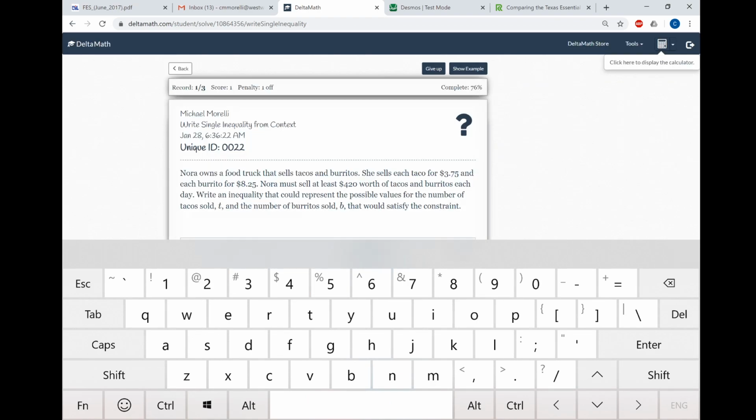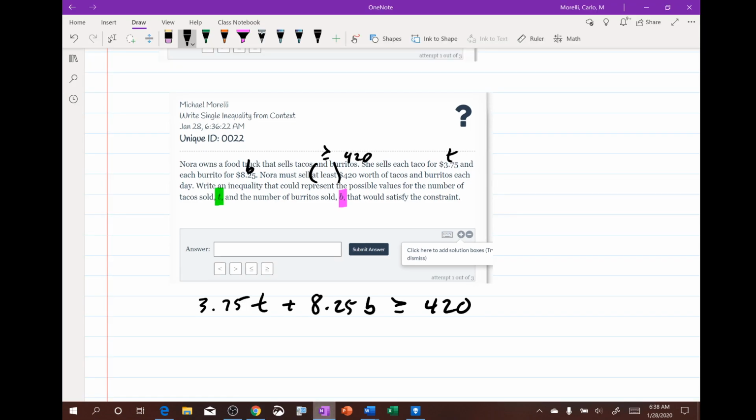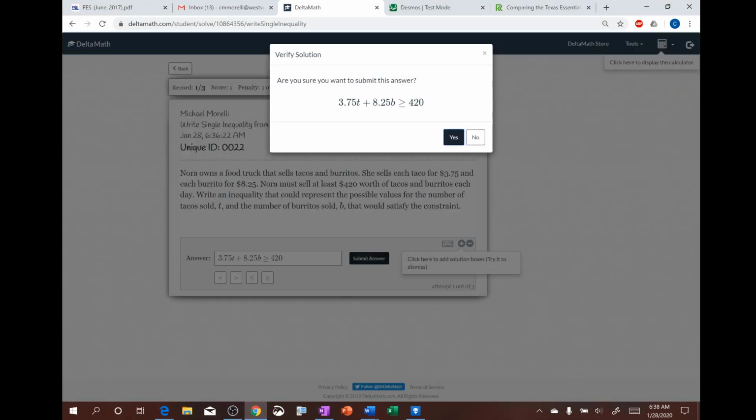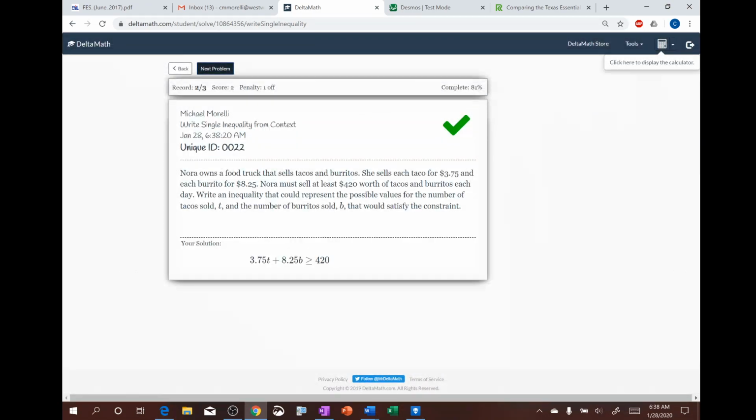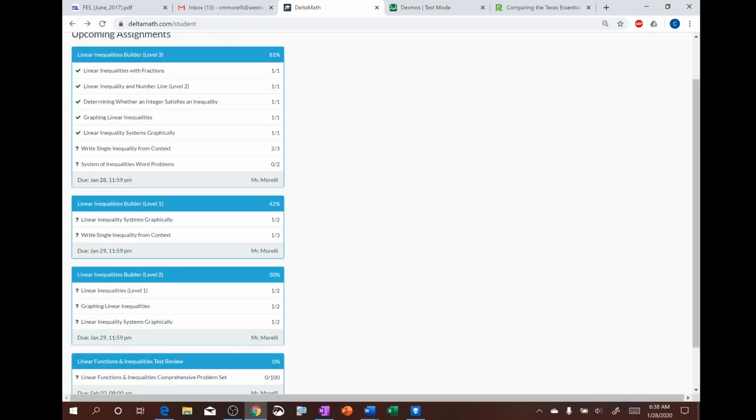So before I submit, I want to double check that that's what it is. Yeah, okay. We'll submit that answer. Alrighty. And I feel like we just did that, or we did two of them. Oh, I see. It's saying it's not done because I assigned 3 problems.